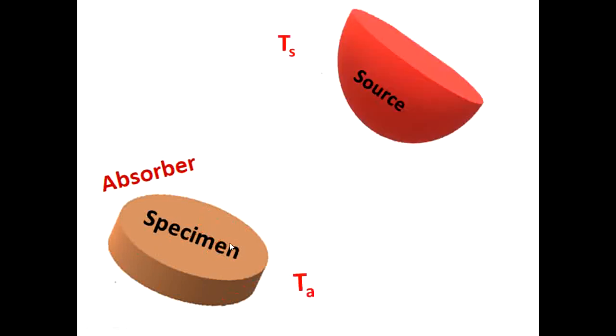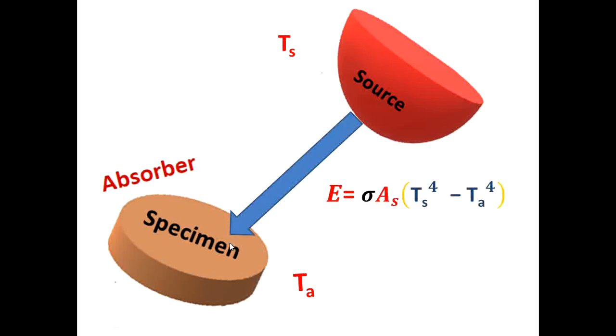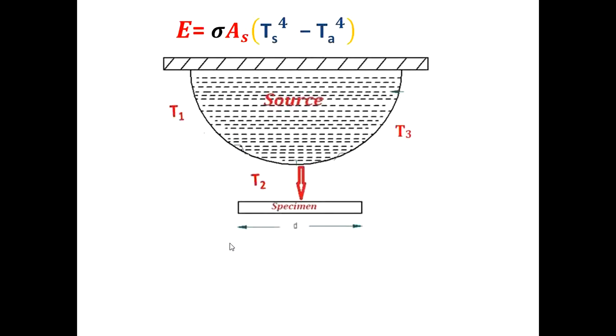Source temperature, ambient temperature. E is equal to A sigma into Ts4 minus Ta4. E is equal to the amount of heat energy. I will keep hot water here. When that hot water comes in contact with the vessel, the vessel will get heated up and start to give off heat energy.